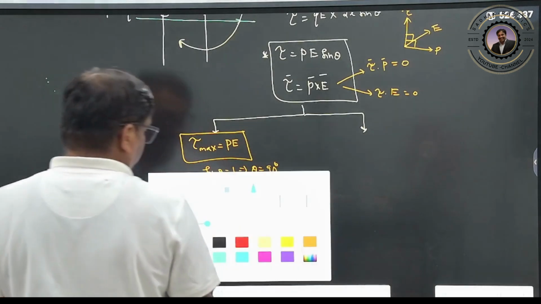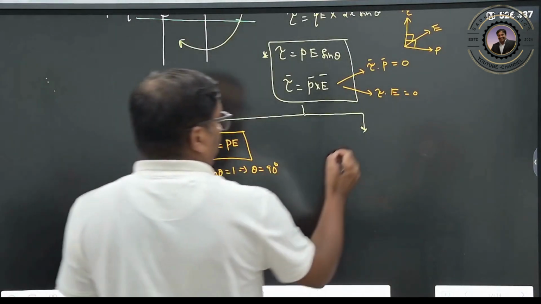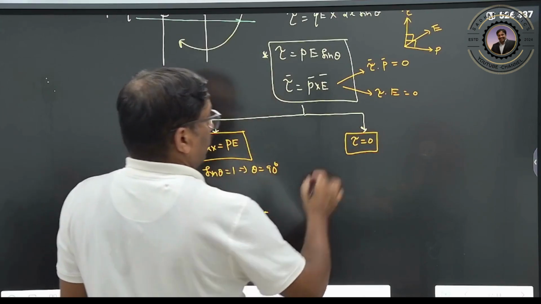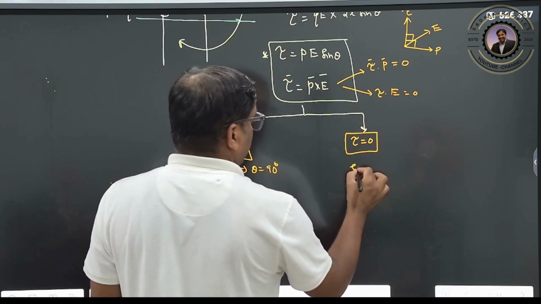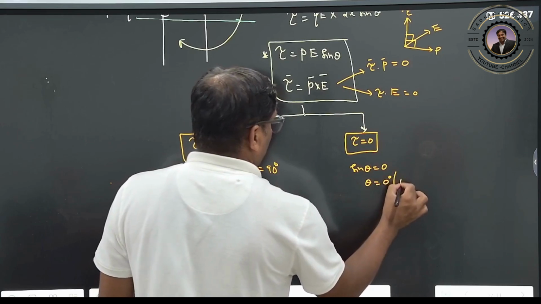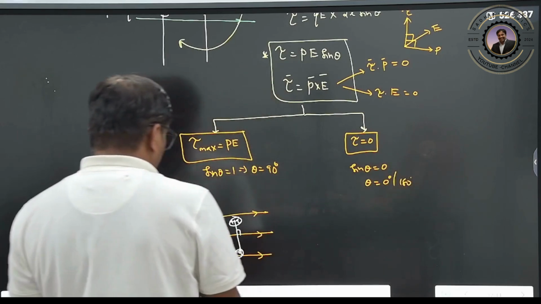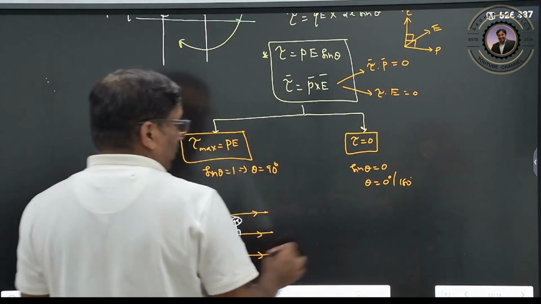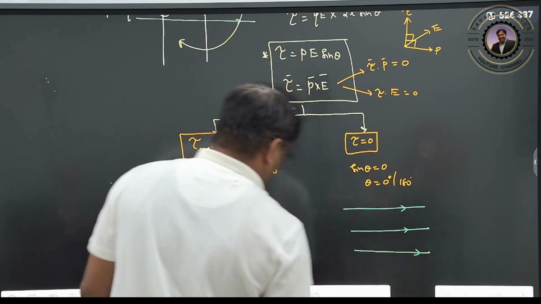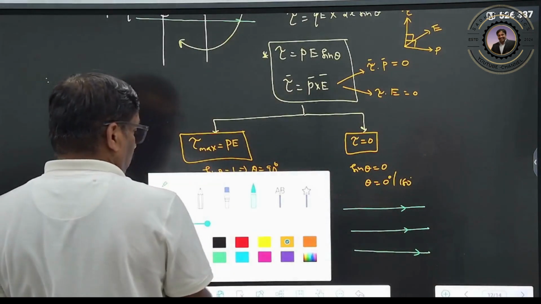Now when will the torque be 0? Torque will be 0 when sin theta is equal to 0, therefore theta is equal to 0 or 180 degrees. Therefore no torque will act if the dipole is kept in the direction of the electric field.